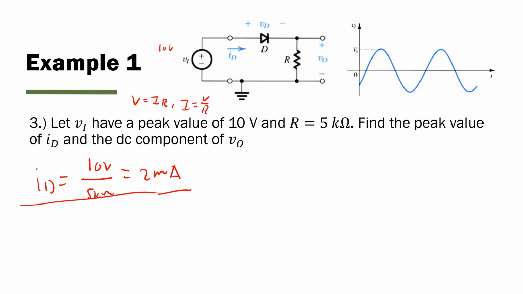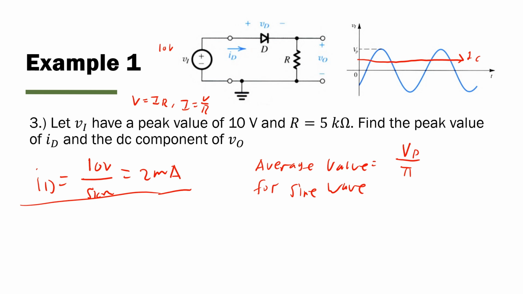Now as for the DC component of V out, what that's asking for, if this is the DC component of V in, is essentially just the average value. This would be the DC component of V in, for example. Now the average value for a sine wave is V peak divided by pi.